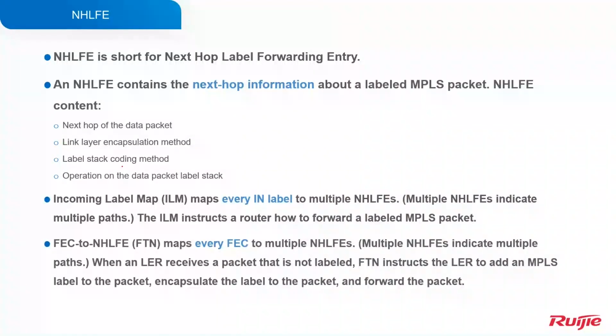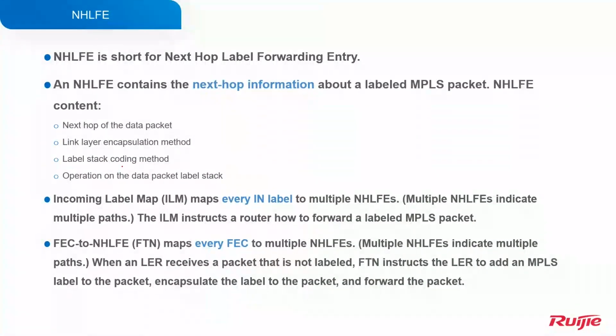And the FEC to next hop map maps every FEC to multiple next hops. Once the LSR receives a packet, if it is not labeled, that means you must add the label information. And then you have to encapsulate the packet successfully, add the layer 2 information, like the source MAC address, destination MAC address, something like this.